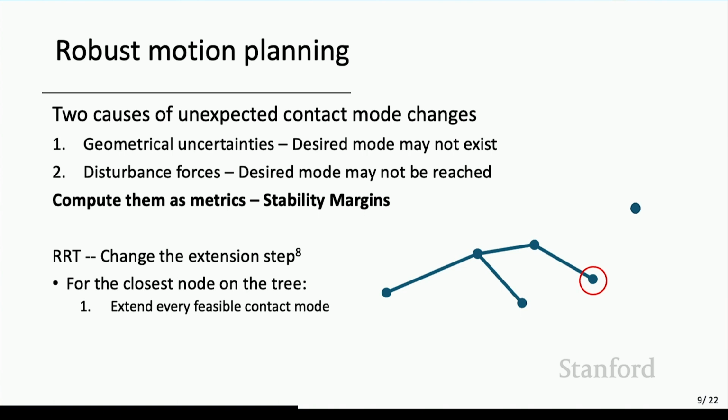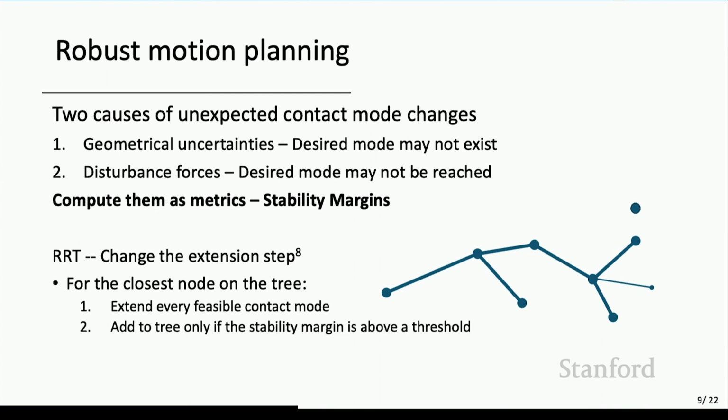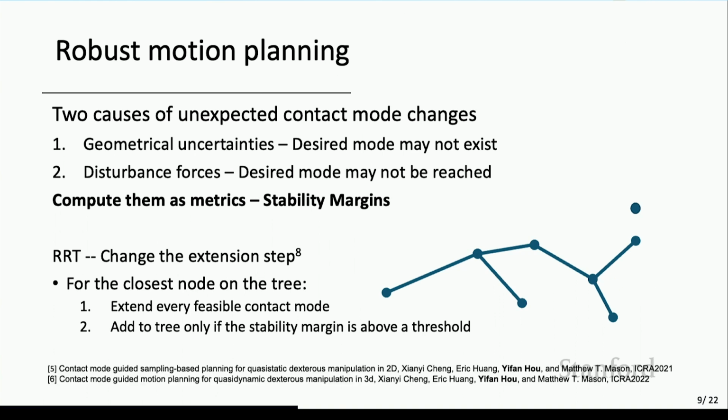Instead of growing the newly selected node towards the newly sampled node, we grow multiple branches, one branch for every feasible contact mode. Then we compute the stability margins for the newly sampled branches and only keep the ones that are past some threshold. This way, we essentially do sampling-based planning, but we maintain a solution with high robustness.